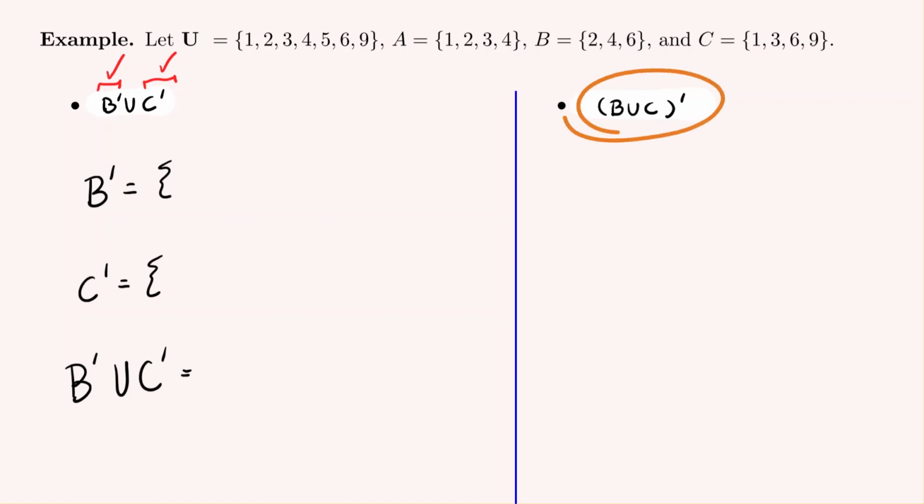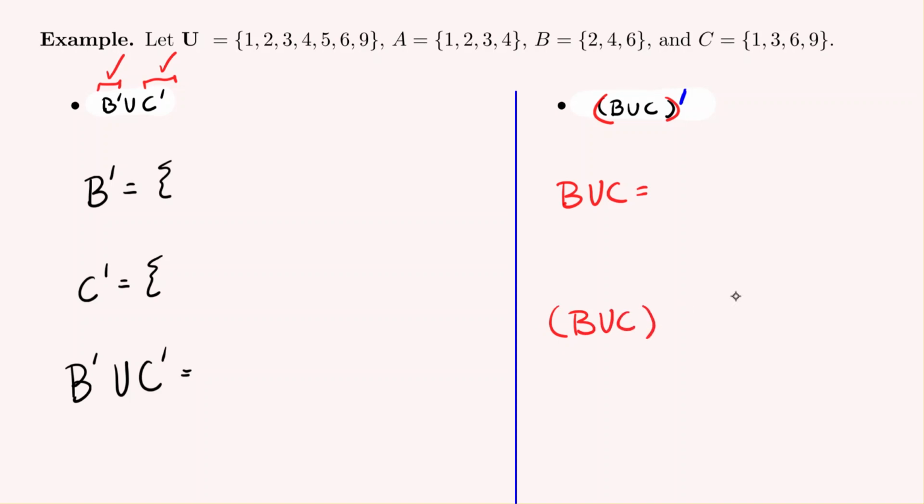In comparison, this one, because of the parentheses, it's telling me to first find B union C. And once I know what's inside B union C as a new set, I need to take the complement of that, which means everything in the universal set that was not in B union C. So first up, I need to find B union C. And then once I know that, I'm going to go through the process that we've done multiple times before and find the complement.